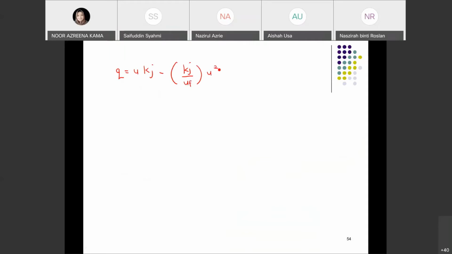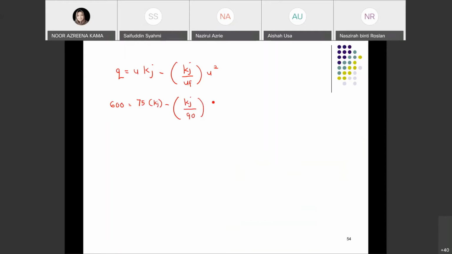Okay, tolong tekan calculator. Nazirul boleh? We know that Q is 600. Satu je U yang diberi pada awalnya, 75. Sebab KJ kita tak tahu, so we have to determine KJ. We know that UF equal to 90.